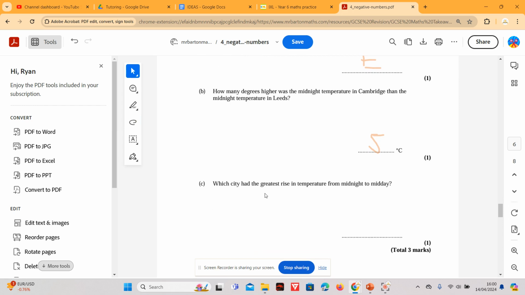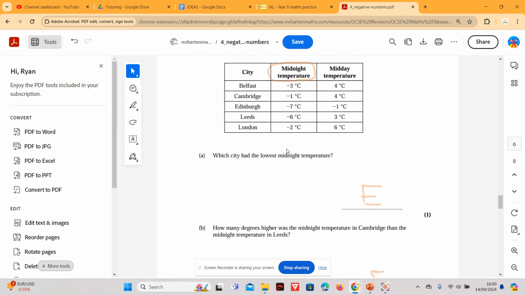Which city had the greatest rise in temperature from midnight to midday? So for this one, let's check each one. -3 to 4 would be 7. -1 to 4 would be 5. -7 to -1 is going to be 6.